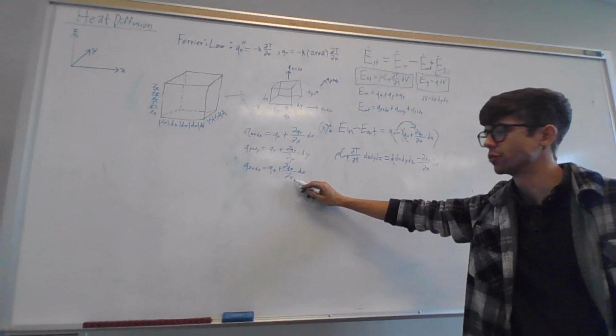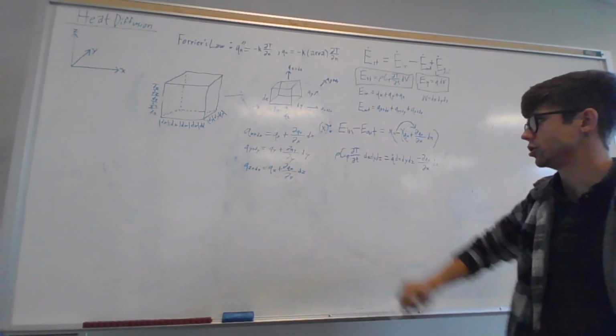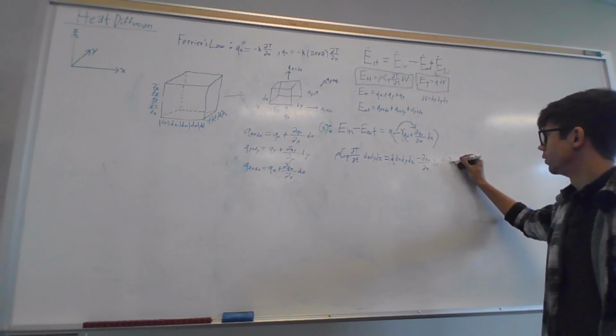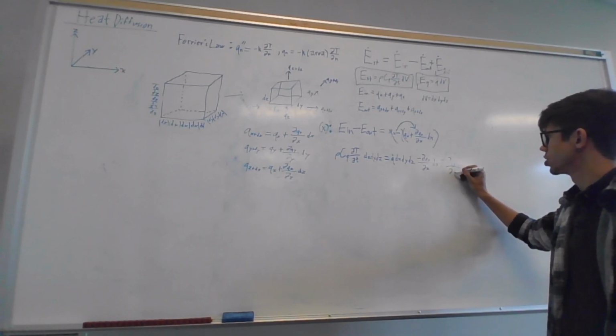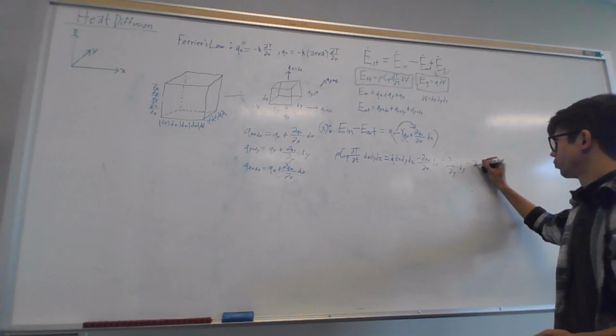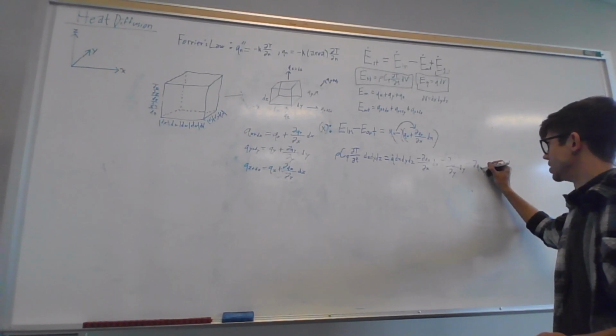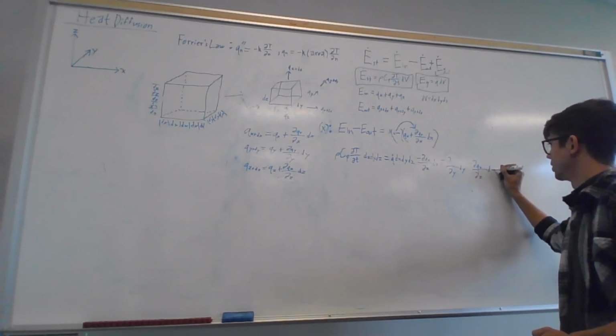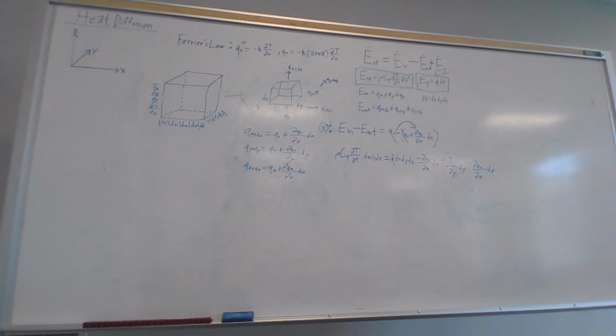You notice only the direction is changing, nothing else is changing for each of these terms. So I can say minus the derivative of the heat flow in the y direction, respecting each unit y of length, minus the partial derivative of the heat flow in the z direction, respecting each z unit of length.